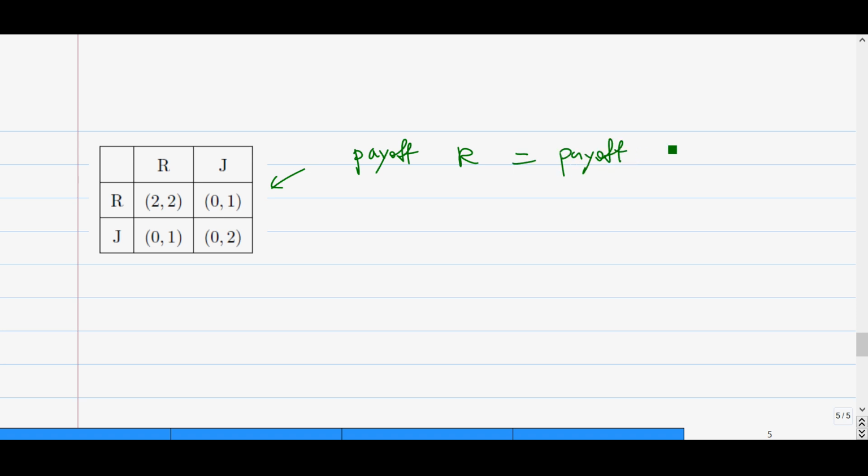So the payoff from R is equal to the payoff from J. So try this, and I need to suppose the second player, which is Juliet, chooses to go to Robots with probability alpha, and goes to EJ Pratt with probability 1 minus alpha.